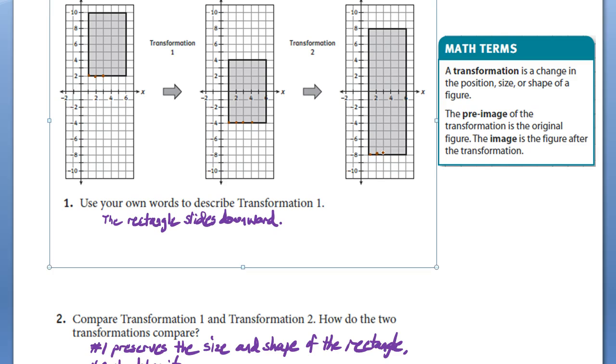Horizontally, the distance between these dots stays the same, but vertically, the distance is doubled, right? Here is one of the people in the band, and then here's the next person in the band. That vertical distance has been stretched. That's not a rigid motion. It doesn't rigidly hold this rectangle to the same size and shape when it's transformed.